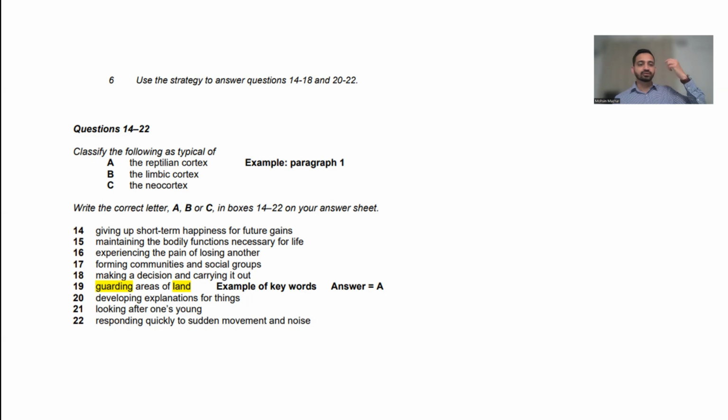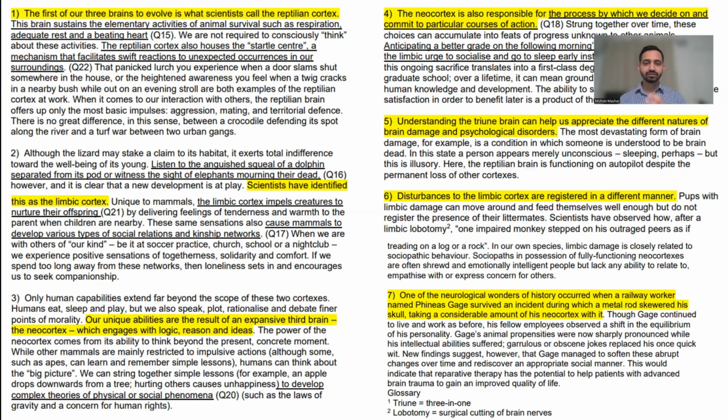For each of these options from 14 to 22, you would have A, B, or C as an option, and the text is going to help you identify which one it is. Giving up short-term happiness for future gains, and so on. Pause the video here, read the article, and when you come back, we are going to review the answers.